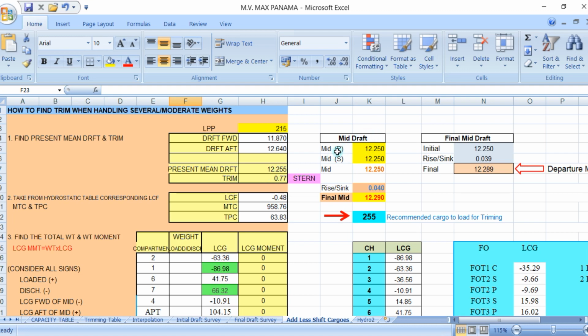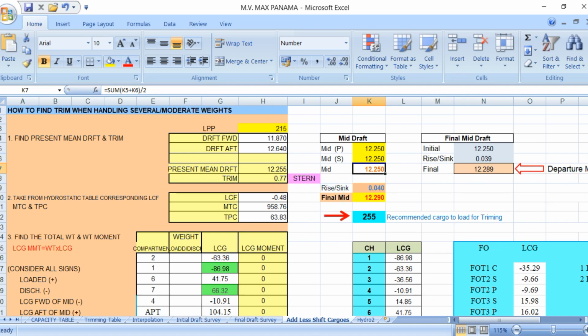By actual practice, you take your actual draft at mid, port, and starboard. For example, mid port will be 12.25, port will be 12.25, and starboard mid will be 12.25. Okay, so meaning your mid draft will be 12.25. You have no list, just for example, and your trim is 0.77.